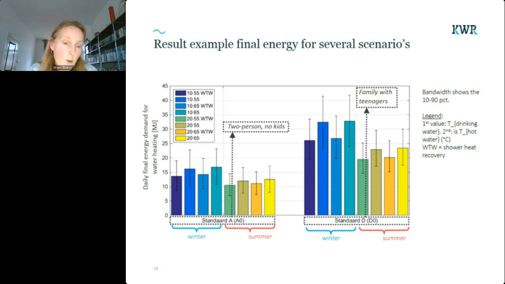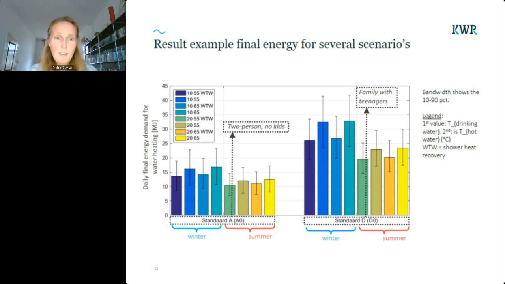There's a difference, of course, between winter and summer, where in summer you need less energy to get your water to around the same temperatures. The error bars are quite large.